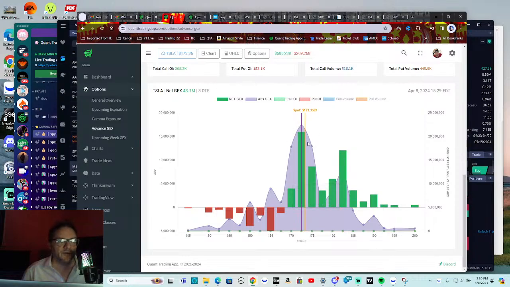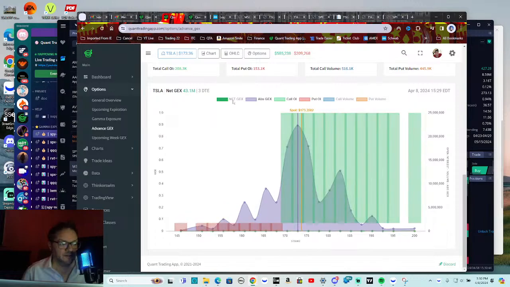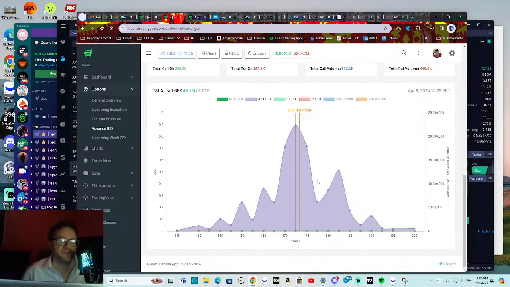So here you have a mound or a mountain, really. Almost like a head and shoulders, but this is a very wide but very centralized or specific zone hovering right around 172.5. This to me tells me that this is a very high sticky area of liquidity.